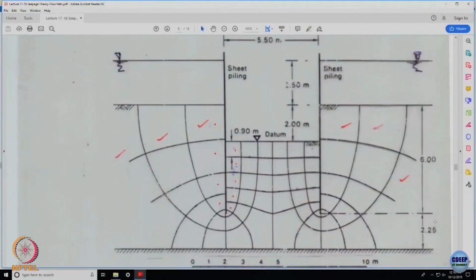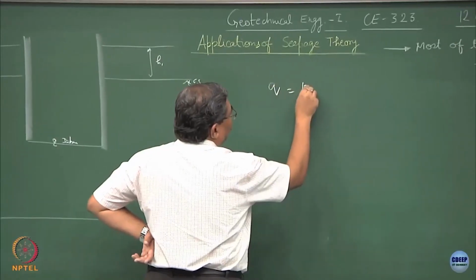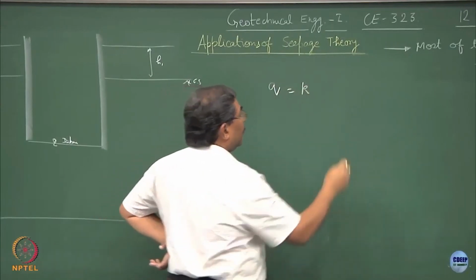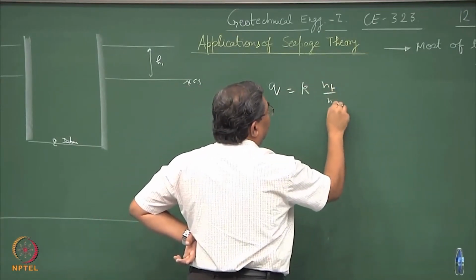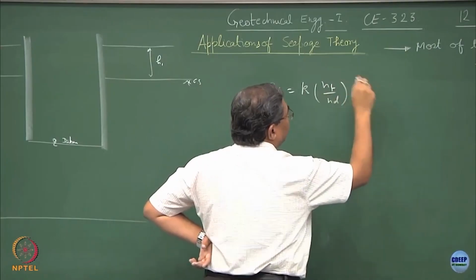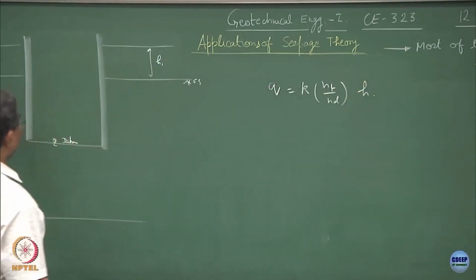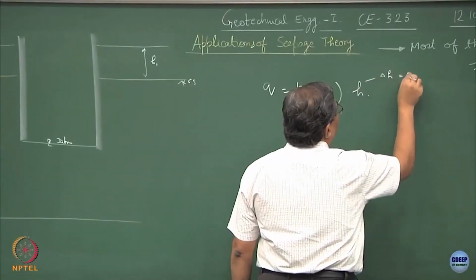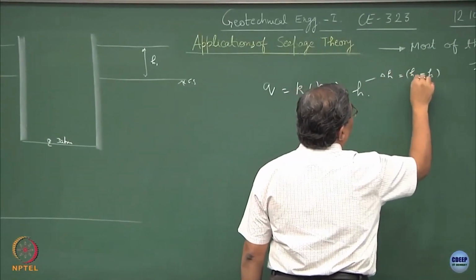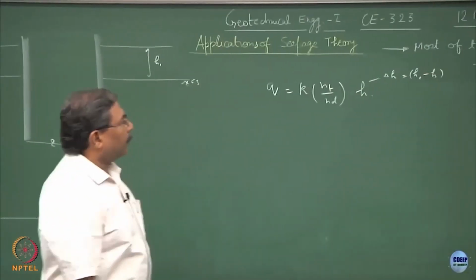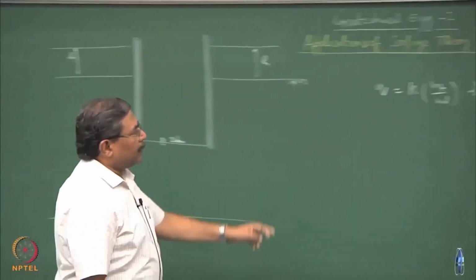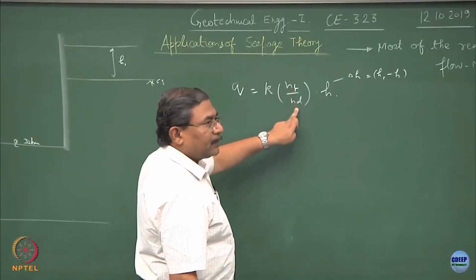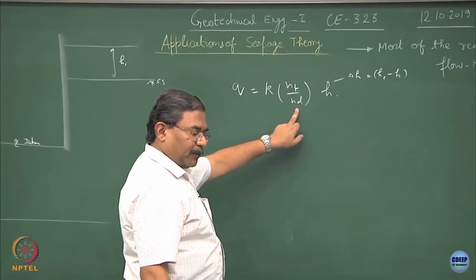This is what we discussed in the last lecture: Q is equal to K into NF upon ND multiplied by H, where H is nothing but delta H, H1 minus H2. NF is the number of flow channels, ND is the number of drops of the equipotential line.